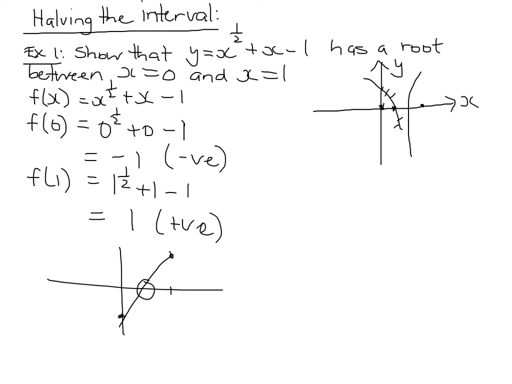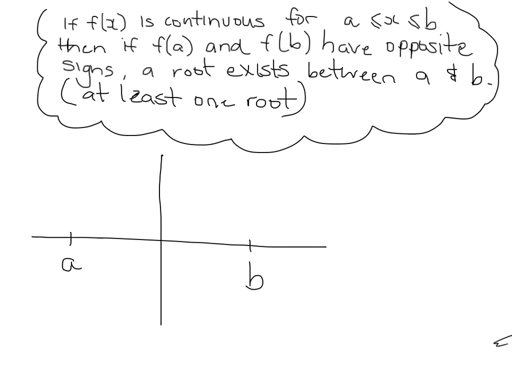Now we're going to move on to halving the interval. So putting that into some sort of theory, and in the cloud you can copy it down. So if the function is continuous for some domain of x, in this case between a and b, then if f of a, which is the y value, so when I sub in a to the function and when I sub in b to the function, if they have opposite signs, so for instance, if I sub in a and I get a positive and I sub in b and I get a negative, it doesn't matter what the number is, if they have opposite signs, then a root must exist, at least one, between a and b.